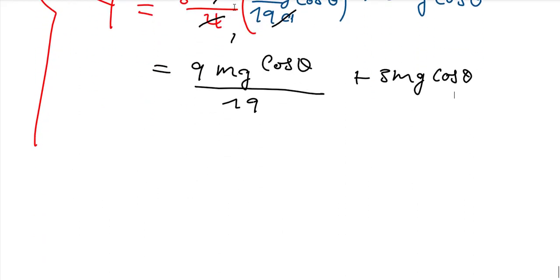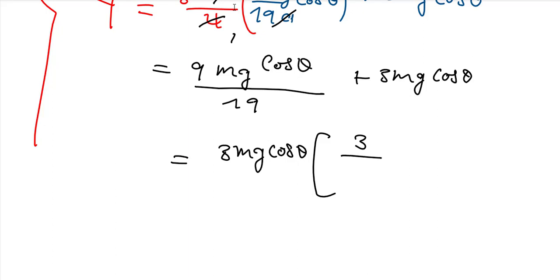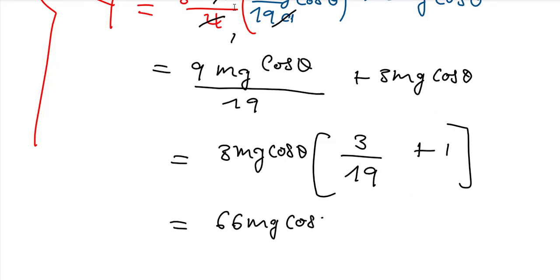Now 3mg cos theta is common, so I'll factor out 3mg cos theta. What will be left is 3 on 19 plus 1, so that will be 22 on 19. Now 22 times 3 is 66, so y is 66mg cos theta divided by 19. Okay, so that's what we have.